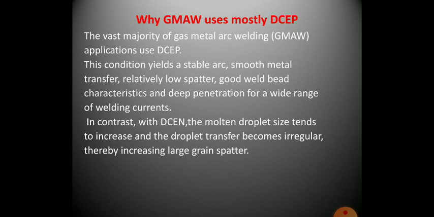In contrast with DCEN, the molten droplet size tends to increase, and the droplet transfer becomes irregular, thereby increasing the large grain spatters. So that is the direct current electrode negative.